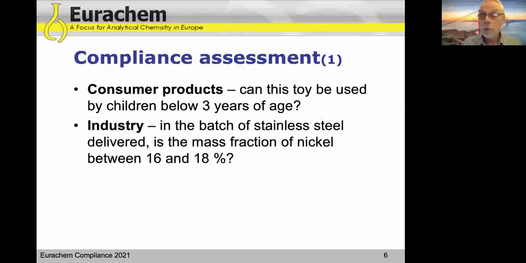And just to give some examples, we can test a toy. It has, for example, to be a certain size if it should be used by children below 3 years of age. We can look at the industry. We can have a produced high alloy steel, and the mass fraction of nickel should be between 16 and 18%.